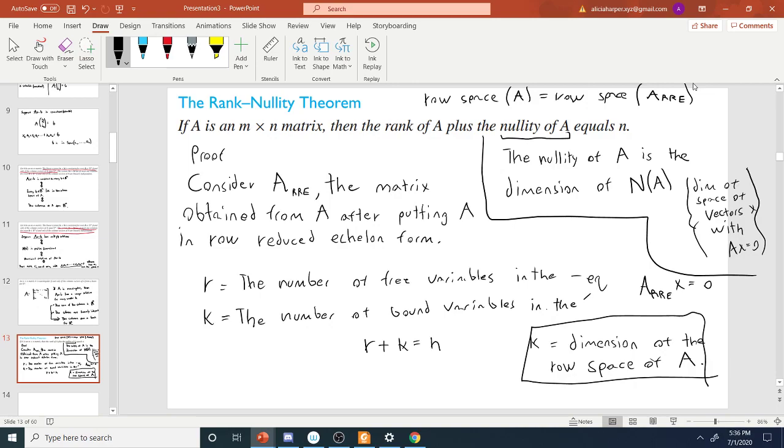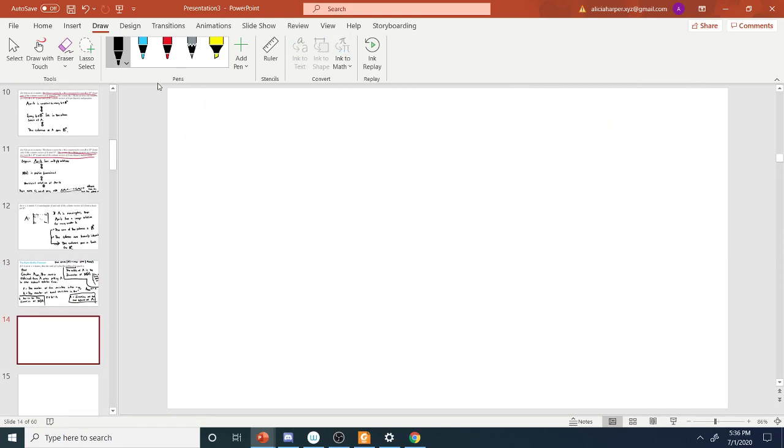And what we conclude from this is that R has to be the dimension of the null space of A. So let's think about why this is true.